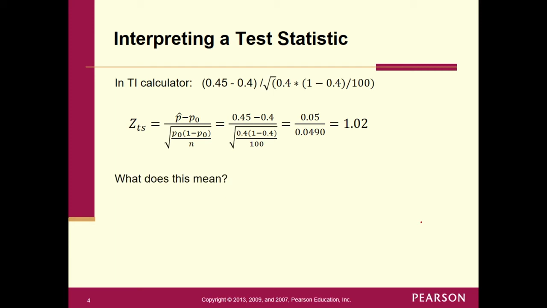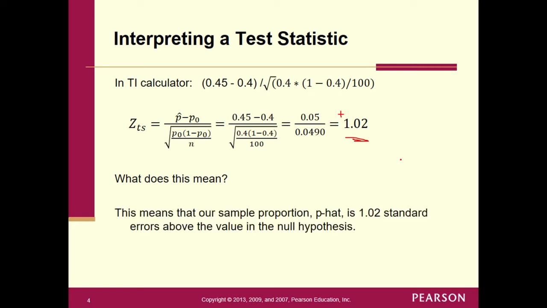I'm more concerned about whether you can interpret this. What exactly does it mean that we got 1.02 for our test statistic? I want to emphasize that this was a positive 1.02, because your test statistic can also be negative. Z-scores can be negative. So let's interpret.